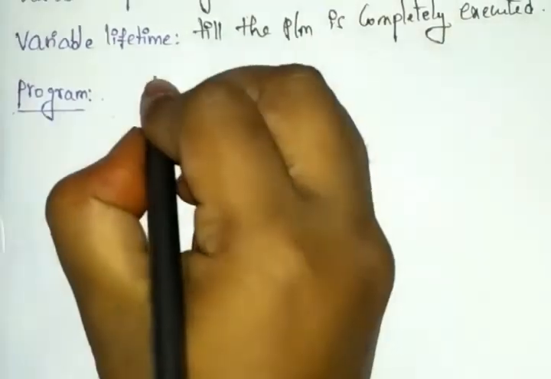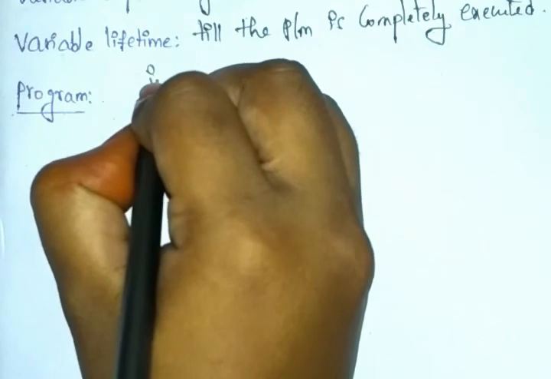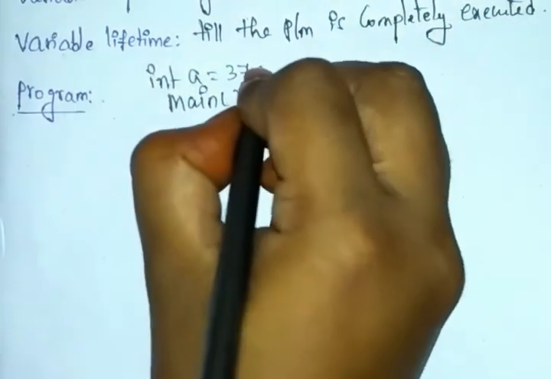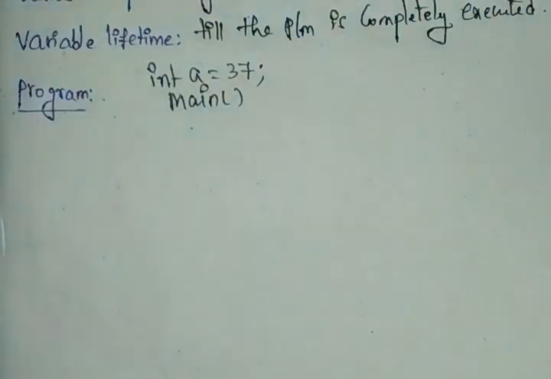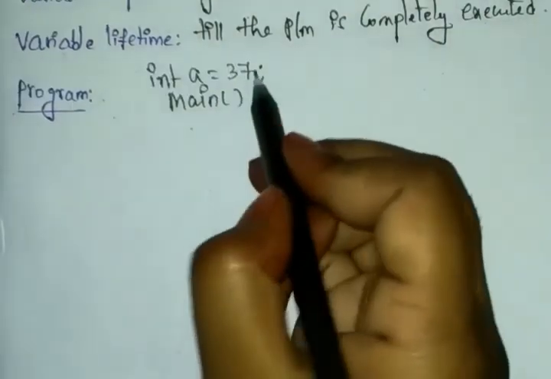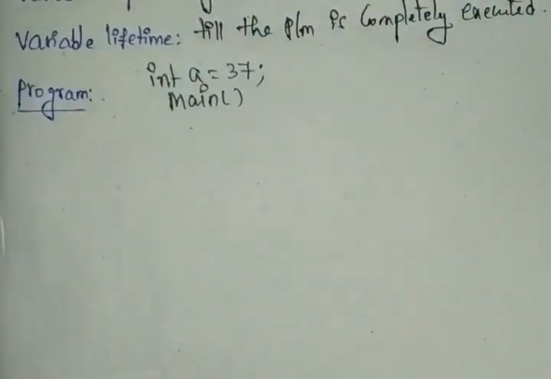The variable here is int a equals 37. Whatever value you need, you can define, there is no problem. Here I am just declaring our global variable, a equals 37. After that we start our main function.